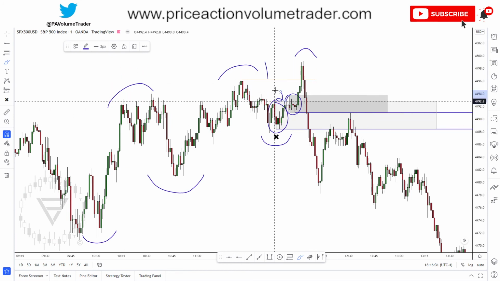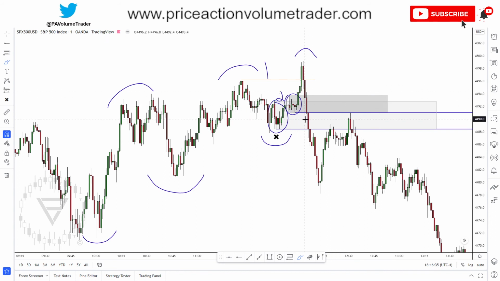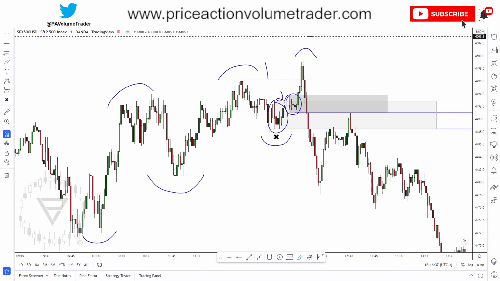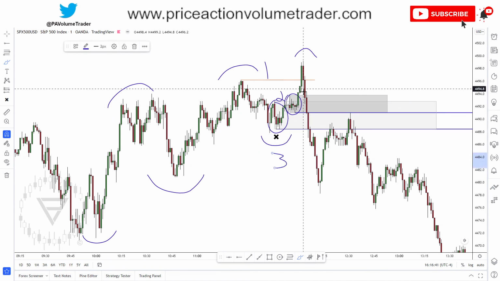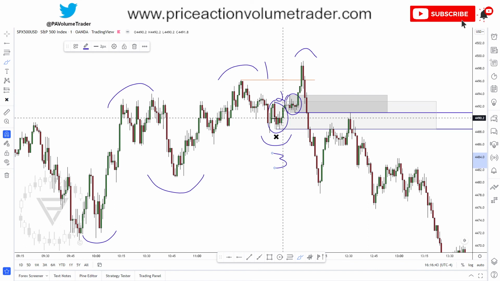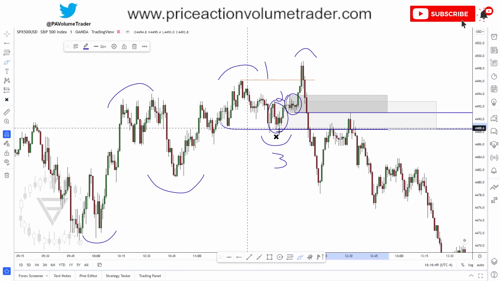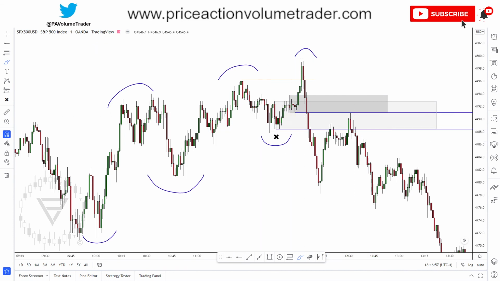Second step is identifying the last clusters that caused the impulse to sweep. Third step right here, clean break of market structure. We had this area of support that is broken down. So now we expect this whole support area to become resistance from the other side.